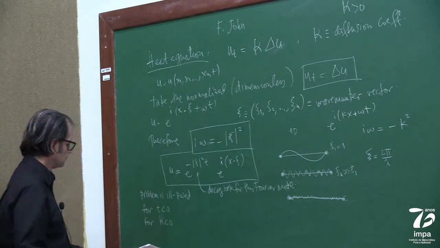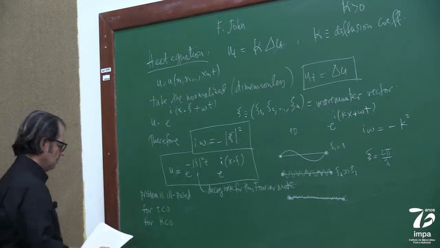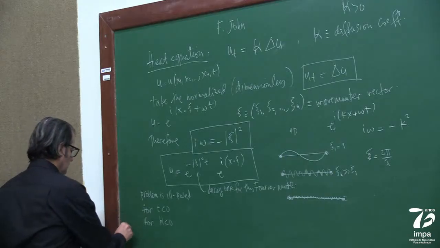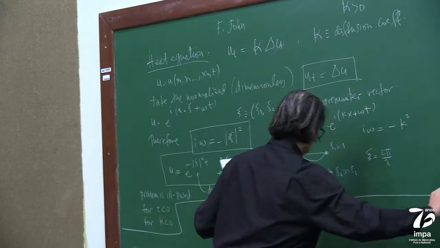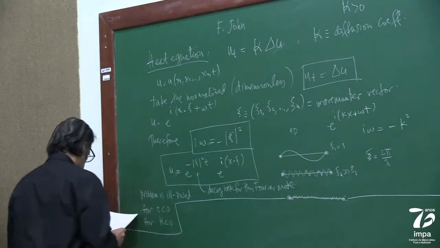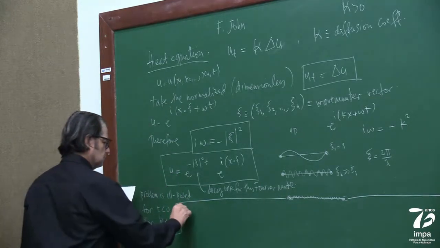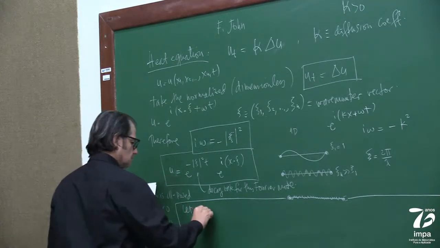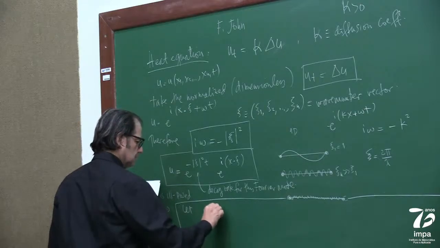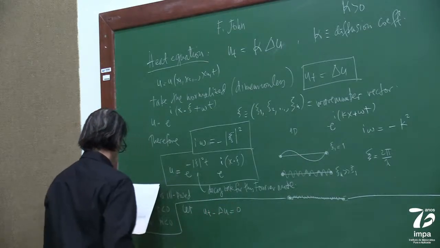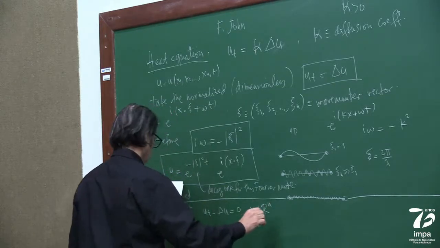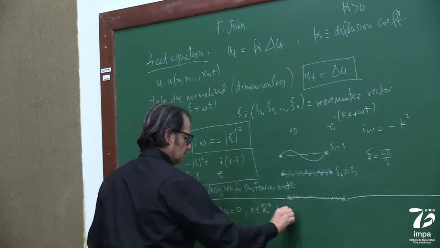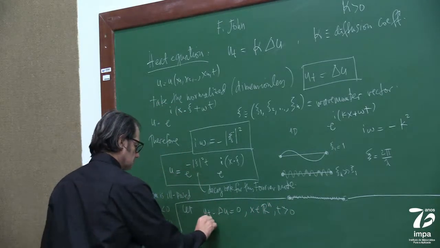All right. Let me maybe use this space here. So let's write like this, U_t, t greater than 0.